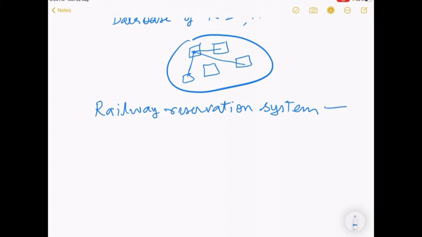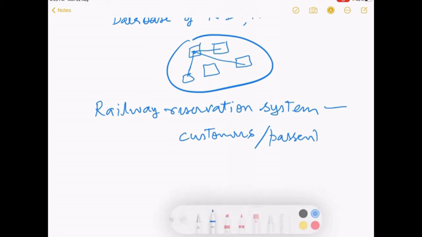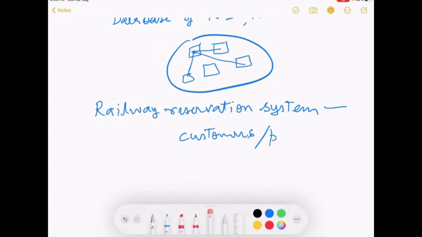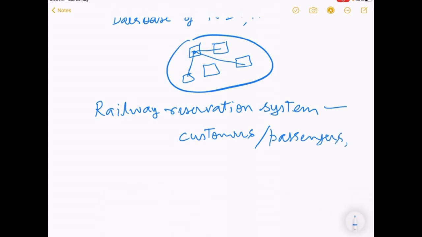It has a database, and the database may have details about customers, and here customers are the passengers, and data about trains, data about reservation, data about schedule, data about stations.